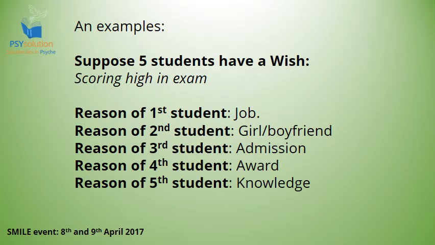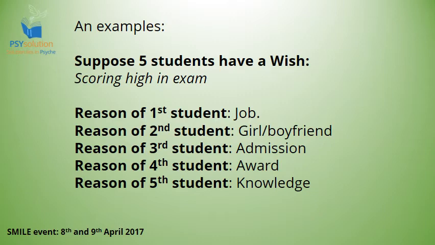Here is an example. Suppose there are 5 students who have the same wish: I want to score high in the college exam. That is a wish. That's a common goal, but the reasons of each student are different.